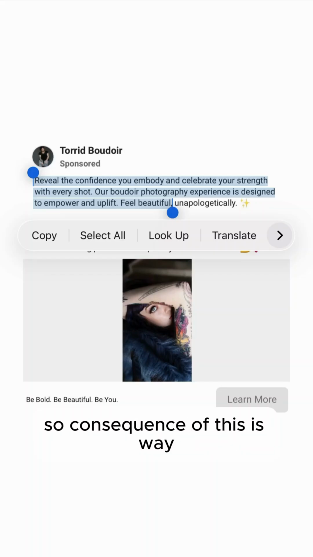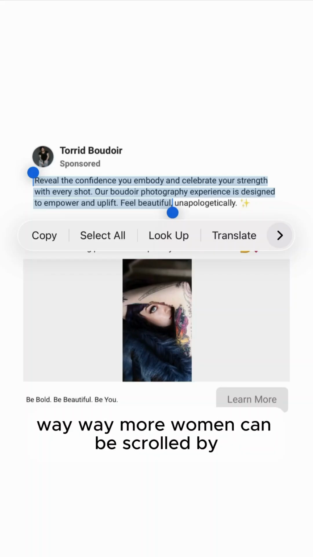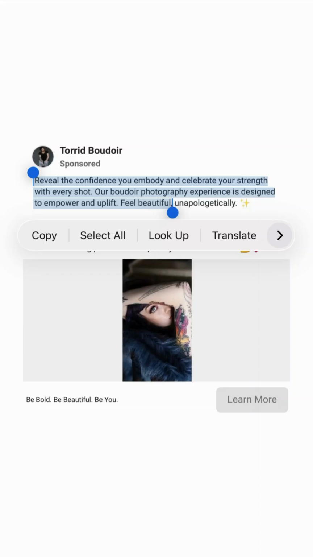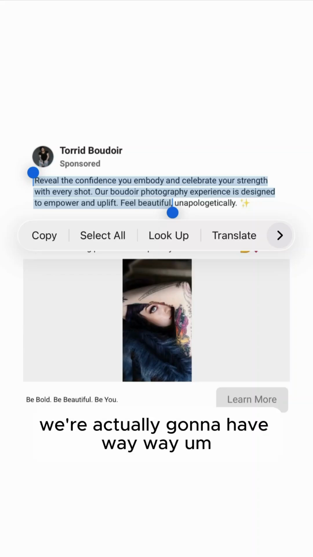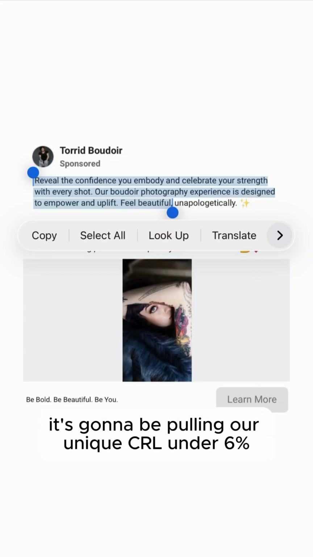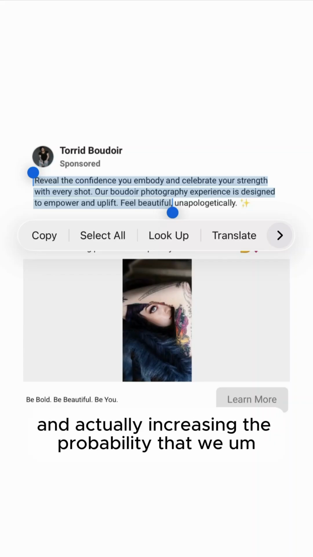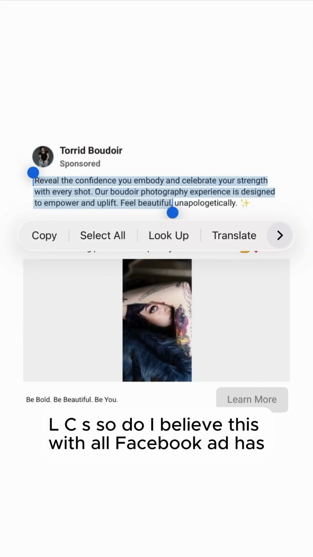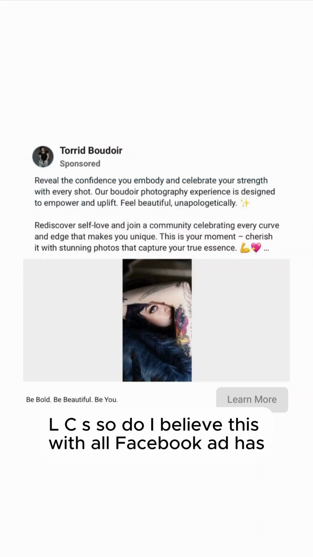So the consequence is way more women are going to be scrolling by with Boudoir Facebook ads than necessary, and as a result, it's going to be pulling our unique CTR under 6% and increasing the probability that we have BLCS.